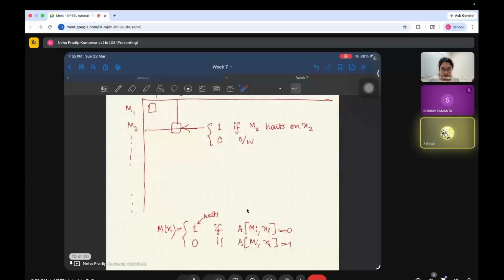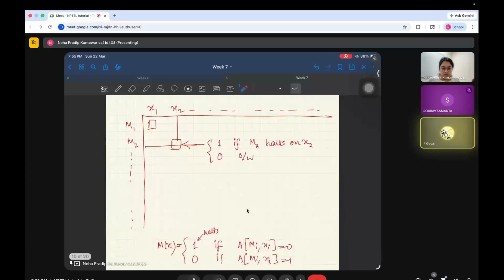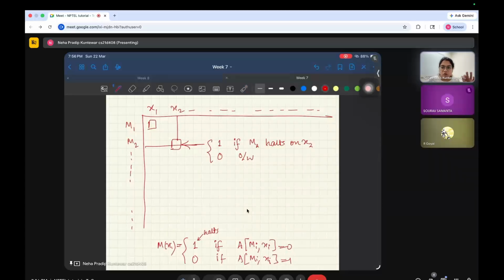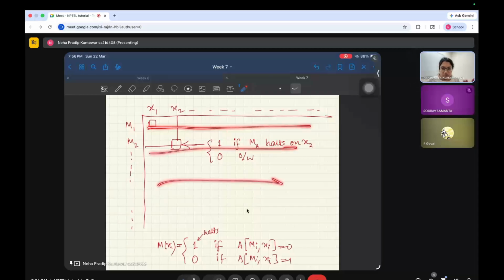So then you wrote that a(Mi, Xi) is equal to 0. What are the possible values? What will be the value at the intersection of M1 and X1? Only 0 and 1. So this entire matrix is a 0-1 matrix.